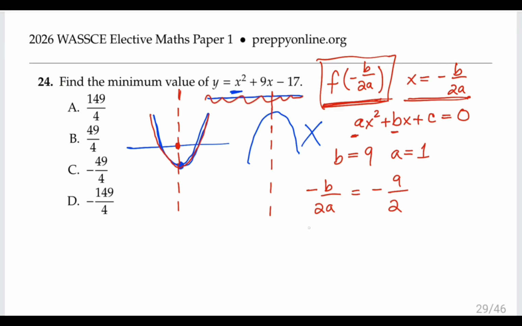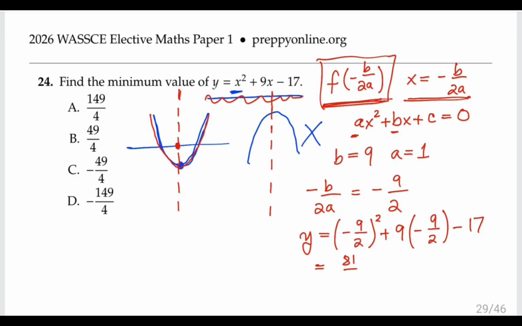So we get y equals, here our x is minus 9 over 2, so minus 9 over 2 all squared plus 9 times minus 9 over 2 minus 17. So if we calculate this expression, let's do it. 9 squared is 81.